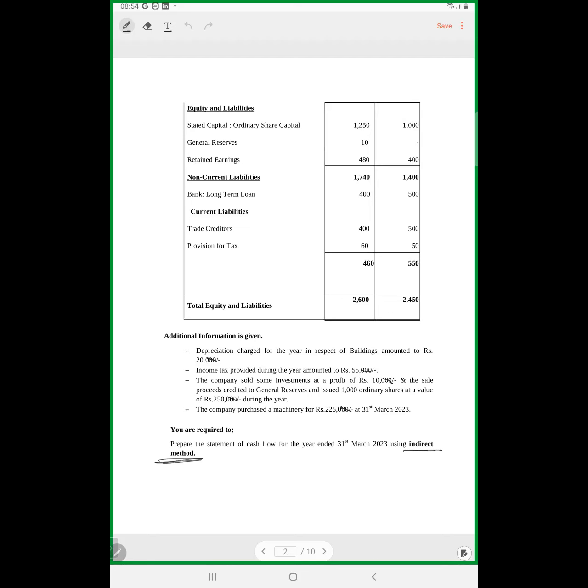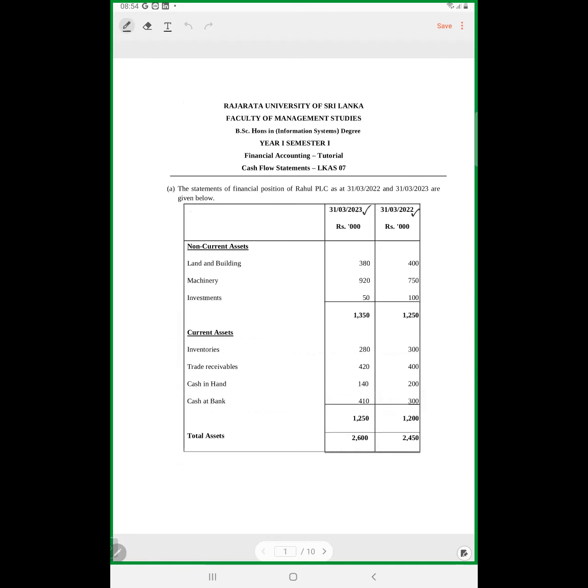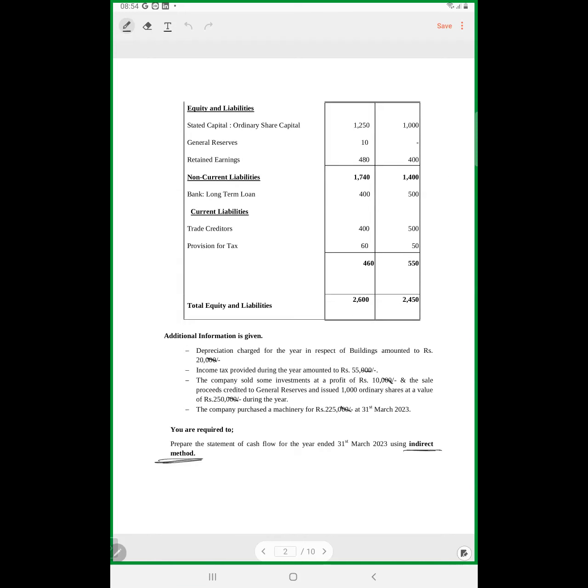How do we find out the income? Based on the information, you are given the financial position data and additional information. How do we calculate the income? With additional data, yes. Is there any information to calculate the income? If there is, please let me know.